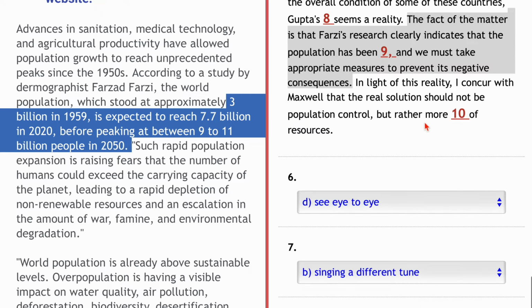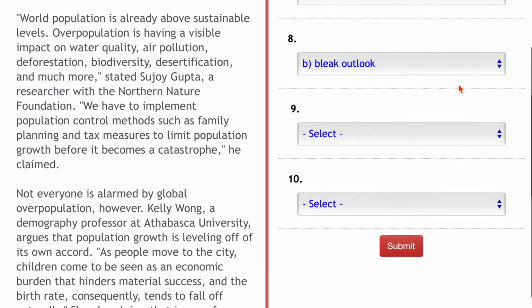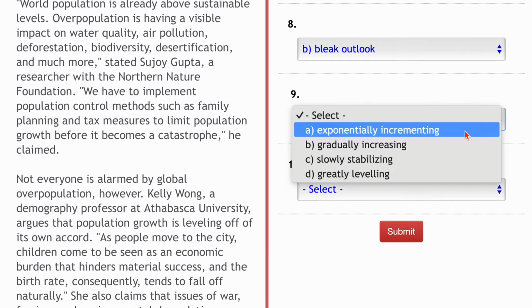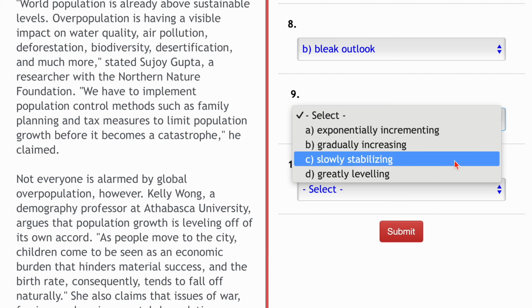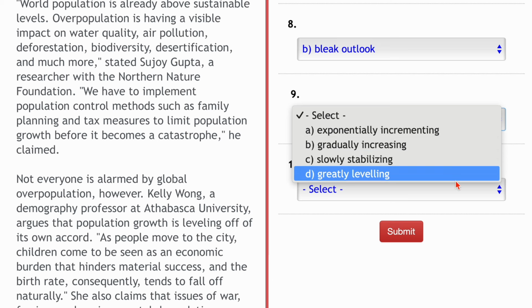Farsi's research says the population has been exponentially incrementing, gradually increasing, slowly stabilizing, greatly leveling.